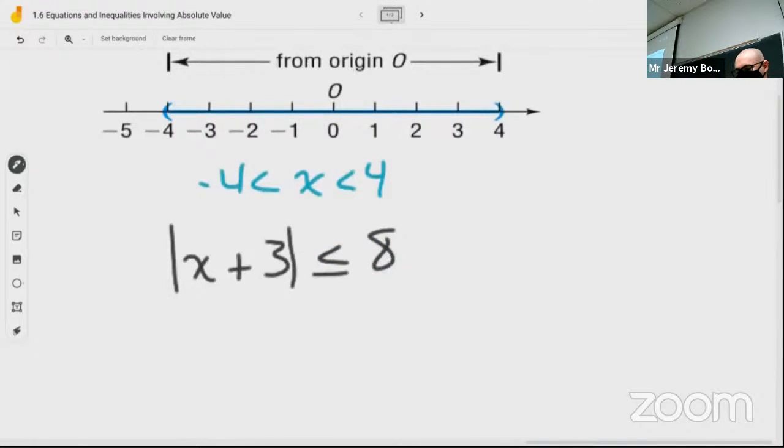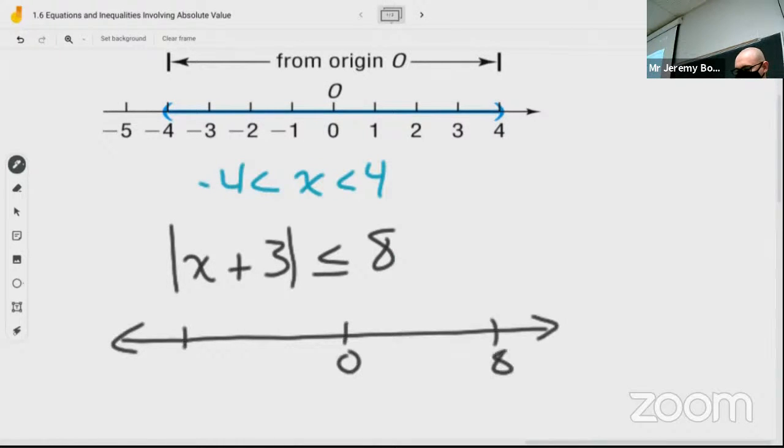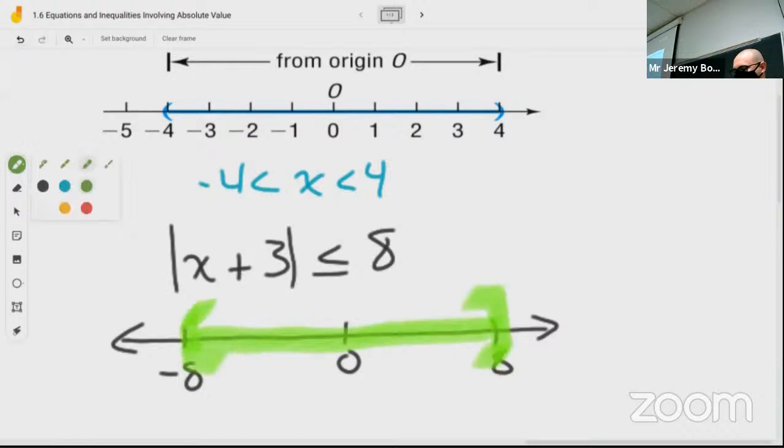What that's telling us, I'm just going to draw 8, is that x plus 3 is in this interval here.